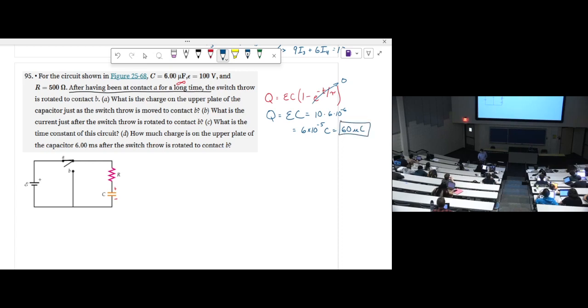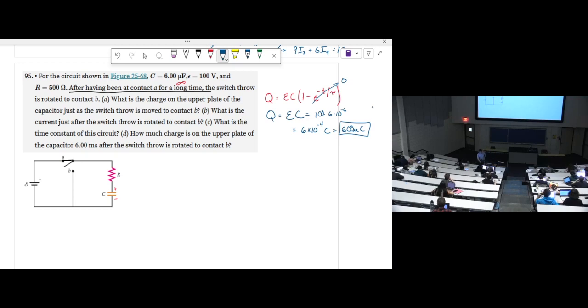Oh, no, sorry, it wasn't 10, it was 100, so that would be 10 to the minus 4 here. And that means that we've got 600 microcoulombs of charge. 600 microcoulombs sitting on this capacitor.